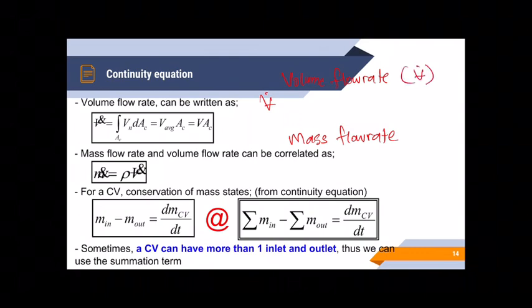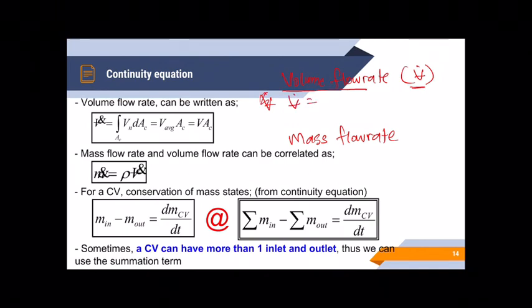This symbol is always used in fluid mechanics, so don't get confused. Sometimes they use the full term volume flow rate, sometimes they use this one. Basically volume flow rate is equal to Q, and Q equals what we have learned just now, area times velocity, or area times V.